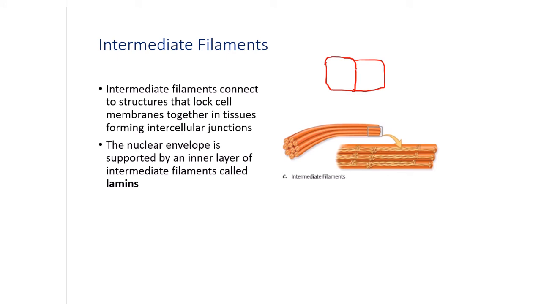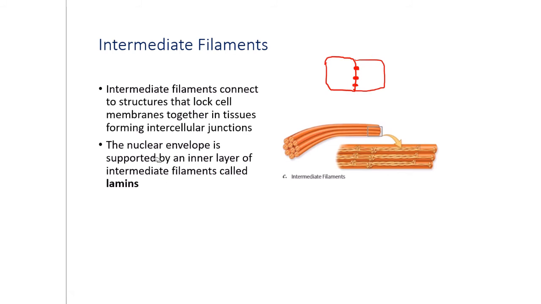Between the two cell membranes, you will have these intermediate filaments that would help seal the gap between them and really lock them together. Because if this is the intestine, you don't really want the content to leak all over the place, right? So by creating these tight junctions, it prevents the cells from having gaps between them. And it kind of controls the movement of material that way.